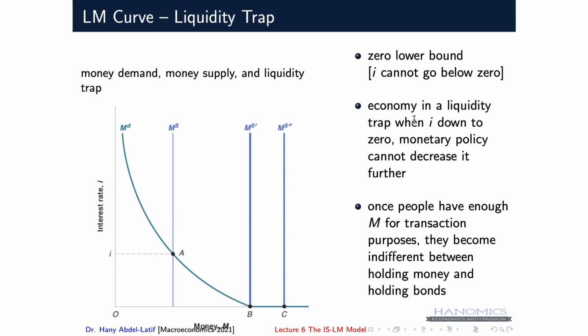So they are willing to hold fewer bonds and more money at the same interest rate, which is zero here. So the money supply increases, but with no effect on the interest rate, which remains equal to zero. This means the monetary policy at this segment of the money demand is not effective.